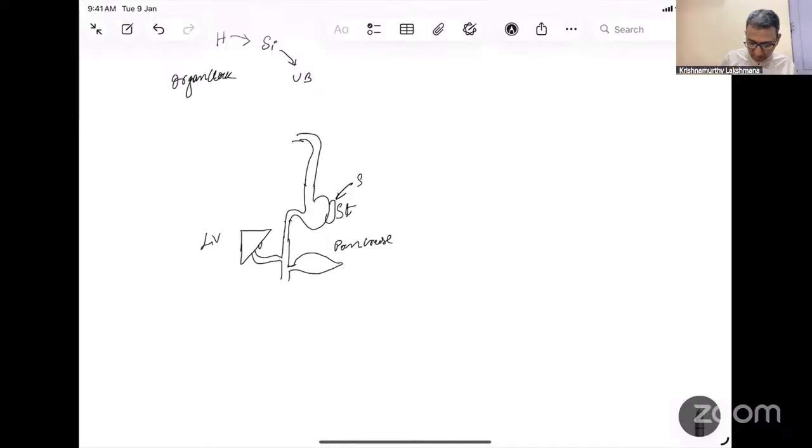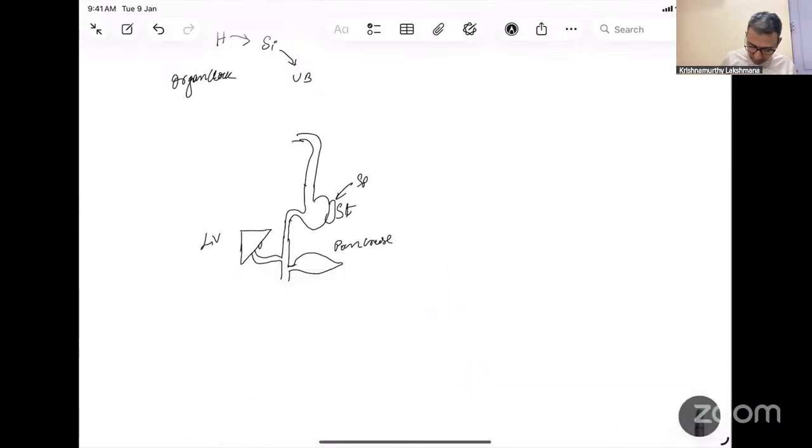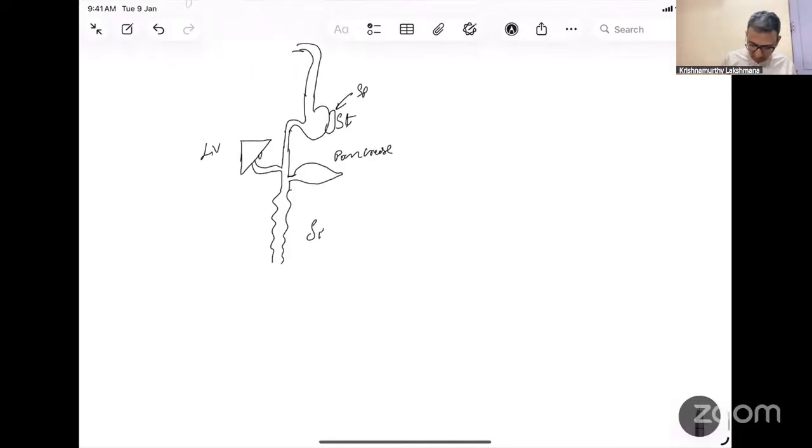This is spleen. So the food is coming in this path. Okay, I will write this. So now there is small intestine, and there is large intestine.